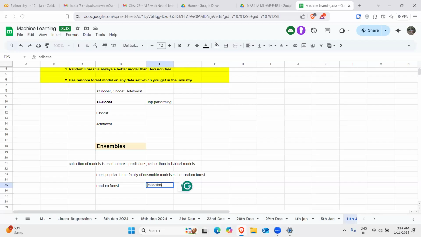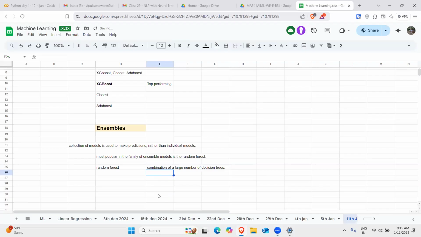But here we are dealing with machine learning, so it is a collection of decision trees. Simple. Forest is nothing but a collection of trees, but here we are dealing with machine learning, so a combination of a large number of decision trees, right?